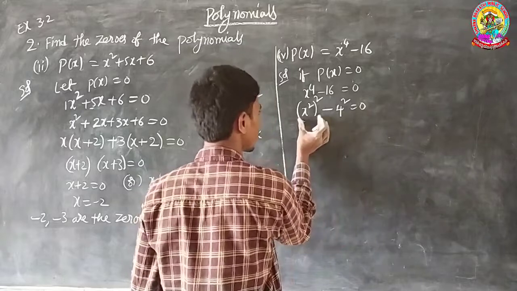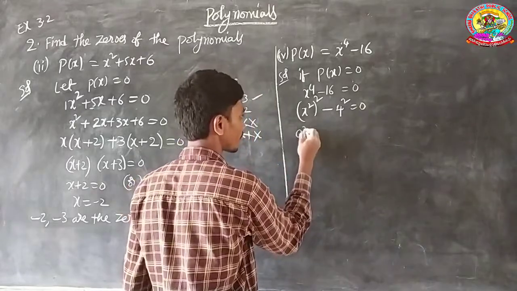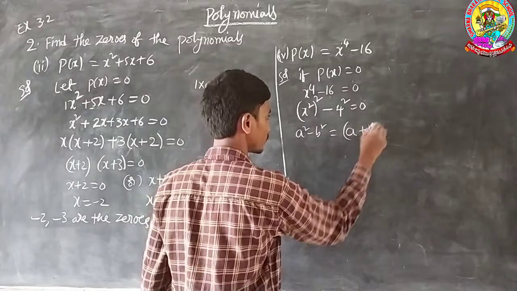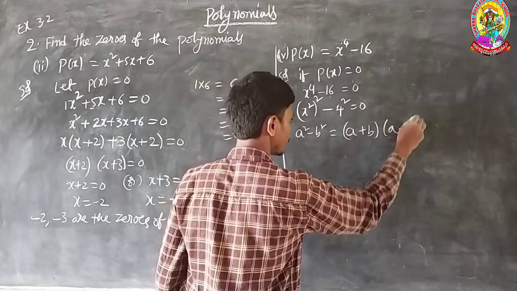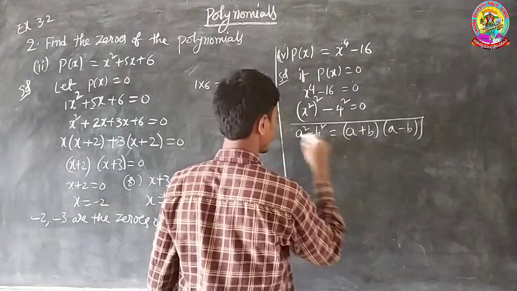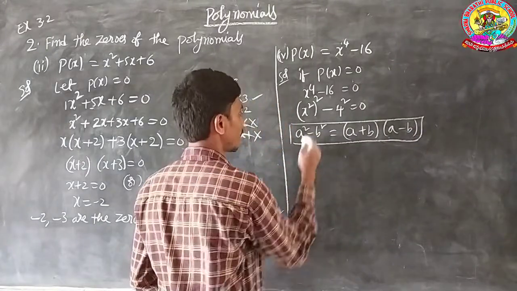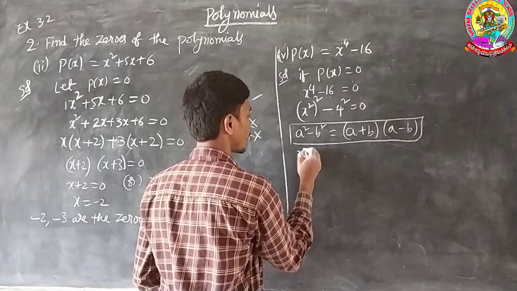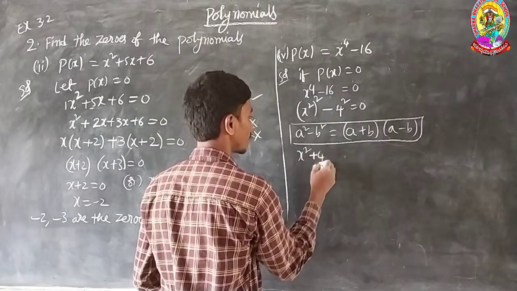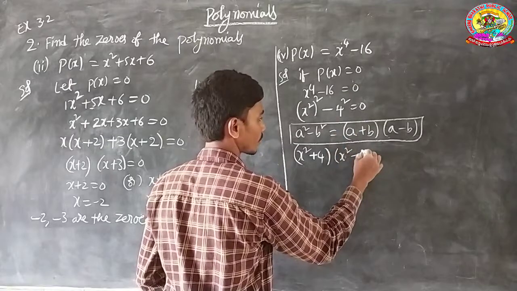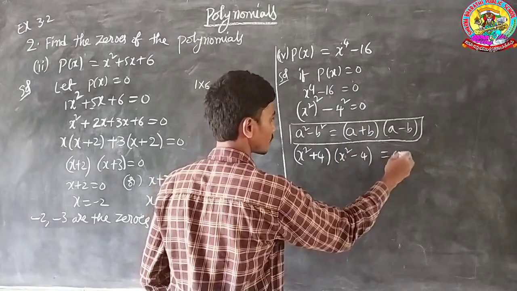Observe, it is in the form of a square minus b square, which is equal to a plus b into a minus b. So then what will happen? x square plus 4 into x square minus 4 is equal to 0.